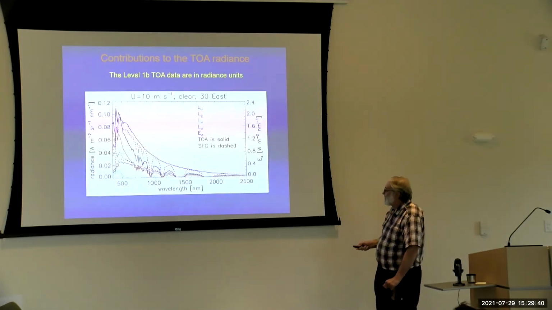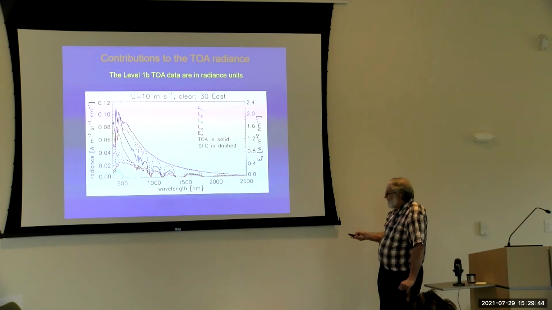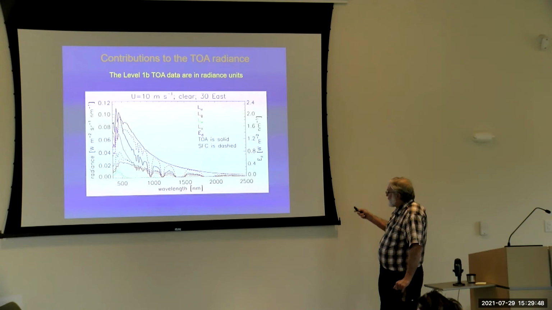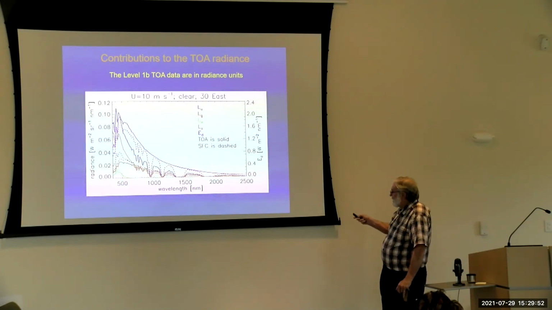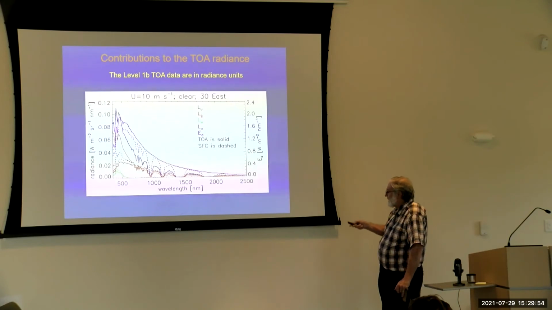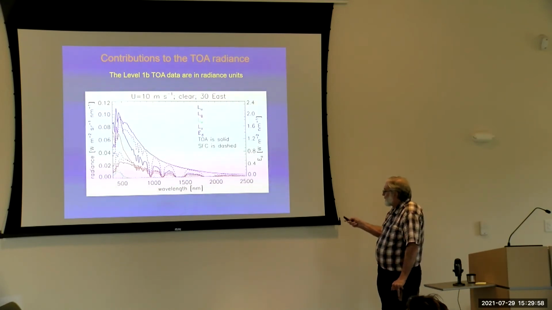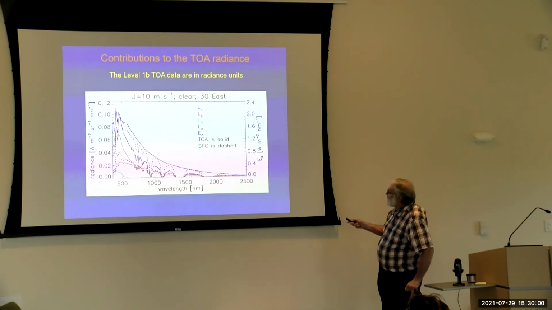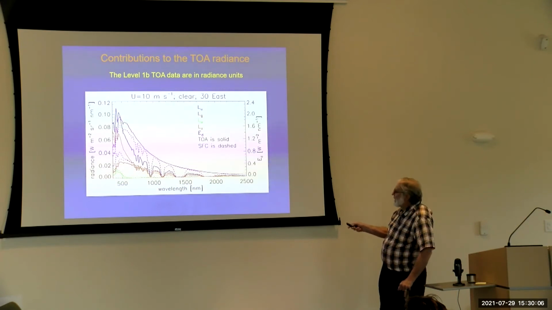Okay, here's another view of kind of the same thing, just plotted differently. This axis is radiance here, and this is the irradiance that you would have to divide into the radiance to get a remote sensing reflectance. So here, you notice the solid line is top of the atmosphere and the dashed line is what you would measure at the surface.